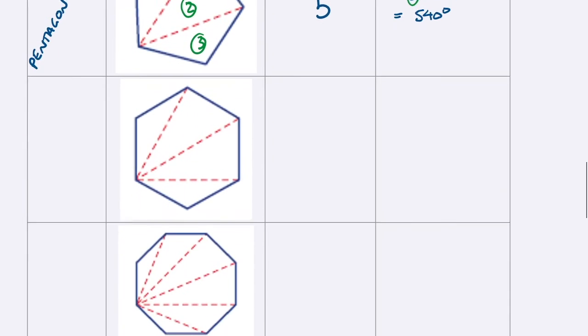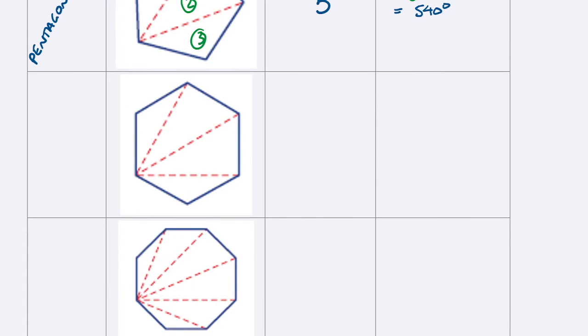Let's move along to our last 2 shapes. Alright, we start here with the hexagon, having 6 sides. And we pump out our formula.